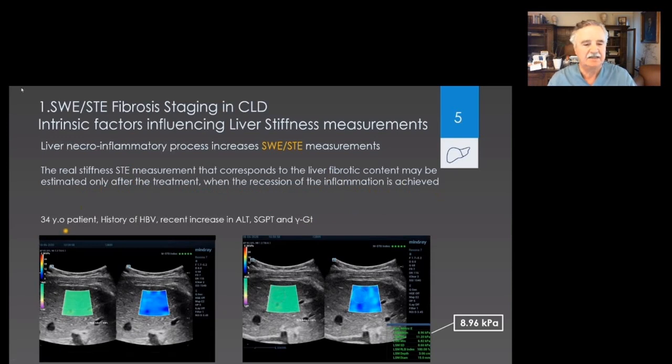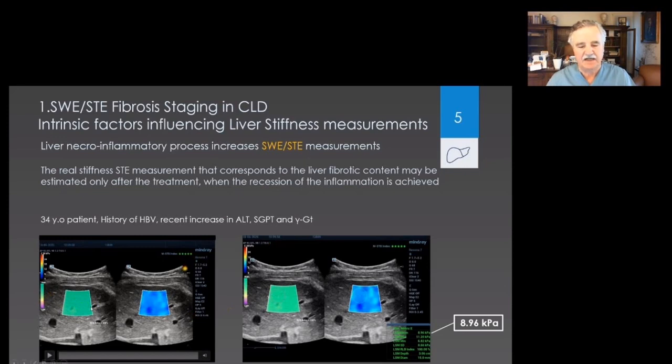Let's take this patient with history of HBV and the recent increase in transaminases. We are going to discuss on these elastography images. You can see that the images are reliable, both reliability and mobility indexes are very good.